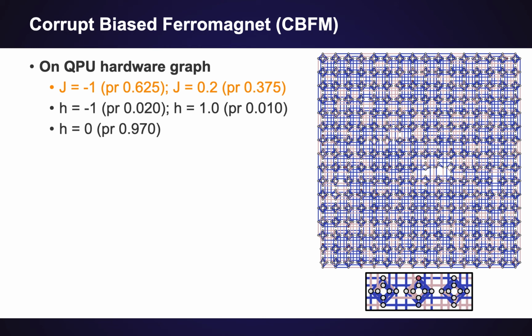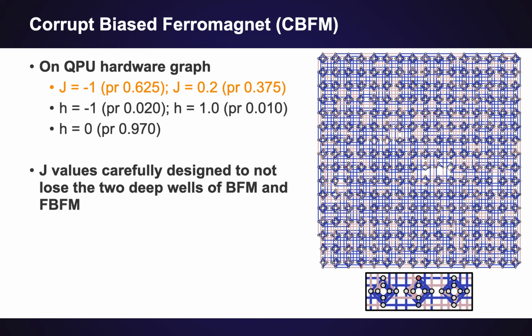So now there's a 0.62 probability that they are ferromagnetic and a 0.375 probability that they're a weaker anti-ferromagnetic. So the light red lines indicate the anti-ferromagnetic links, and the dark blue ones are the ferromagnetic links. And then the H's stay the same as they were in the previous 2 cases.